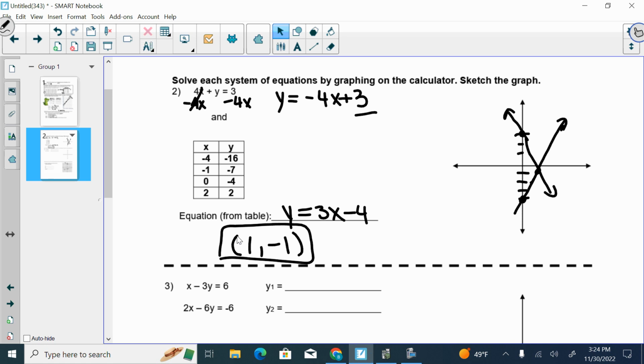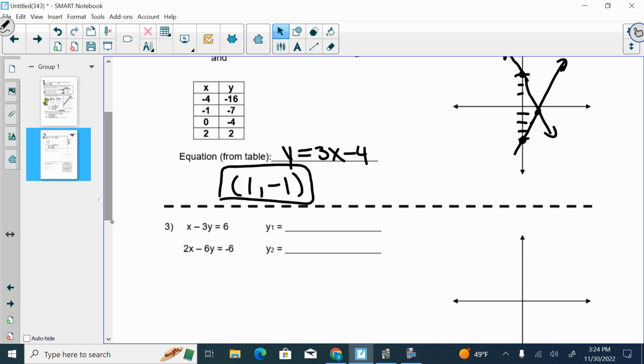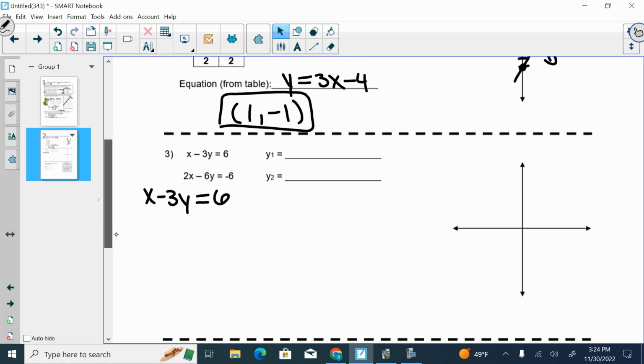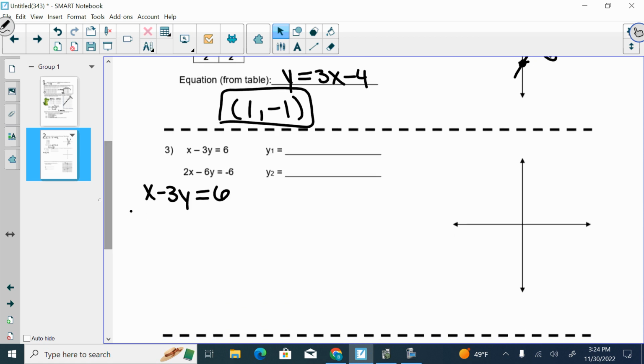Okay, let's try doing that again. So on number 3, is that first equation ready to go right now? Okay, so we've got x minus 3y equals 6. How are we going to fix it? Take away x. Good. So we've got -3y is equal to -x plus 6, right? Okay, then what should we do? And how are we going to do that? Good.